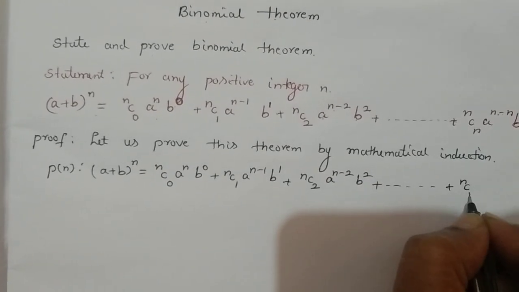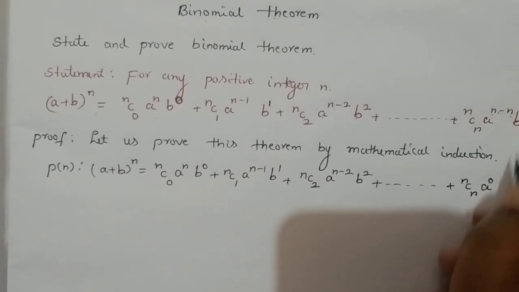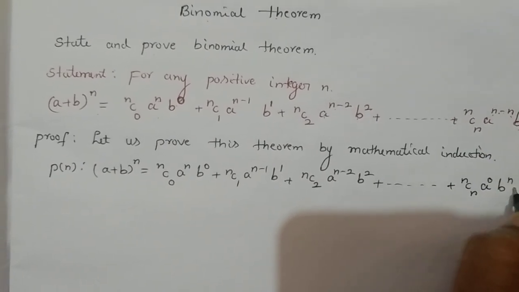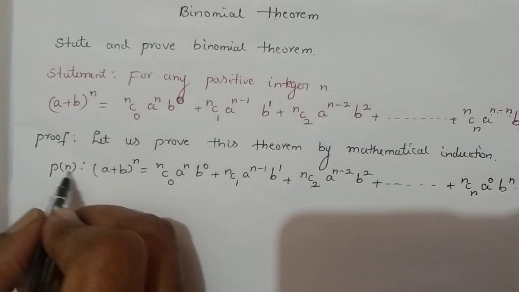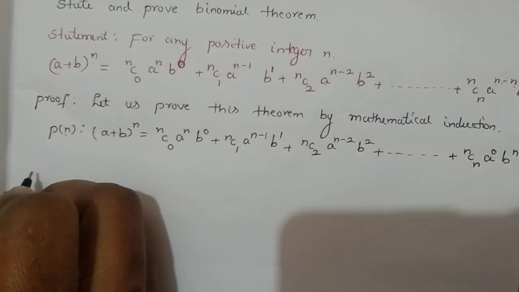Then the last term is nCn, a power n minus n, which is nothing but a power 0, b to the power of n. As it is, I have taken this as the principal value of n according to the mathematical induction method.